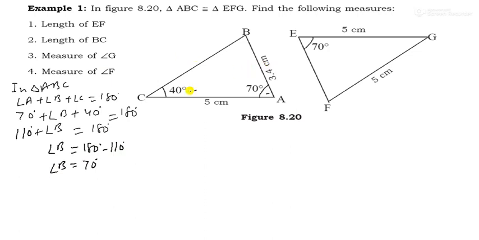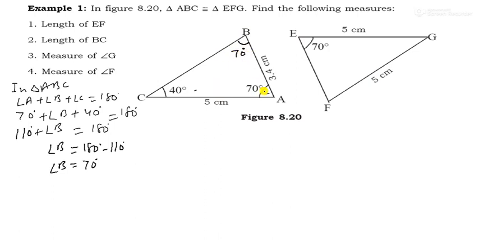Now come to this figure. It is an angle 70 and this one is angle 70. And side 3.4. Which one is side 3.4? The angle B, where 5 centimeter, this one is 5 centimeter. So in front of the 5 centimeter, the angle is 70 degrees. So that angle is 70 degrees.